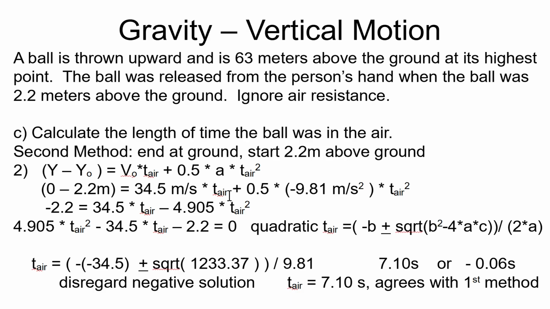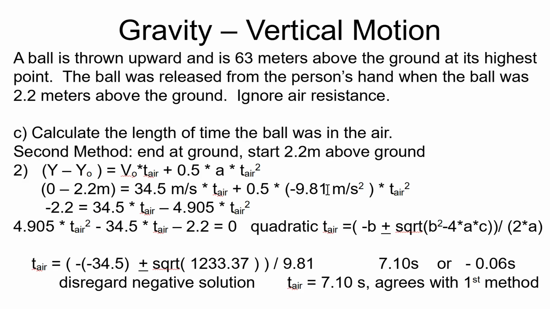T air is unknown, the time in the air. And then the third kinematic equation has 0.5 times the acceleration times the time squared. So we get, again, minus 9.81 for the acceleration in the y direction. The numbers I put in here are all y numbers, the vertical numbers: 34.5 meters per second upward, the y position when we end, the y position when we start.